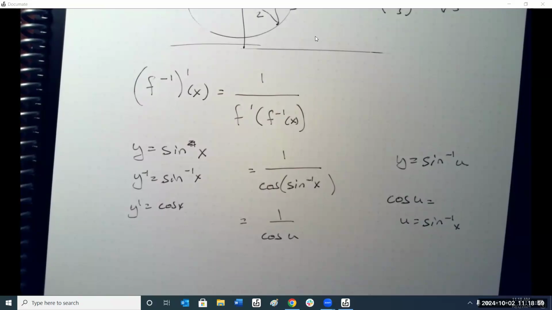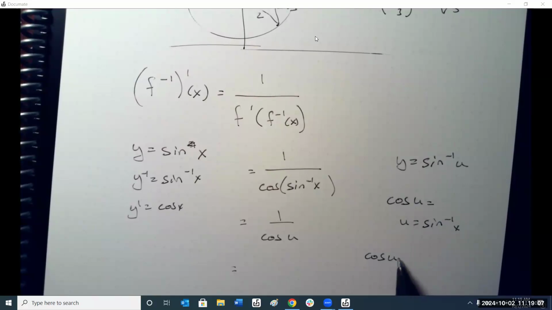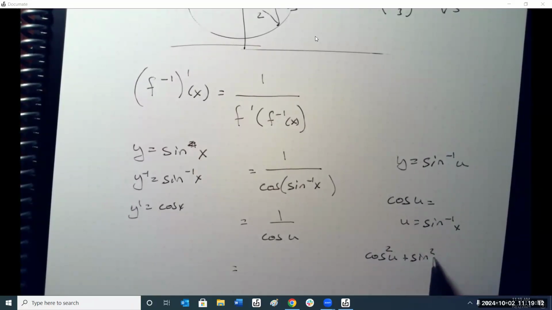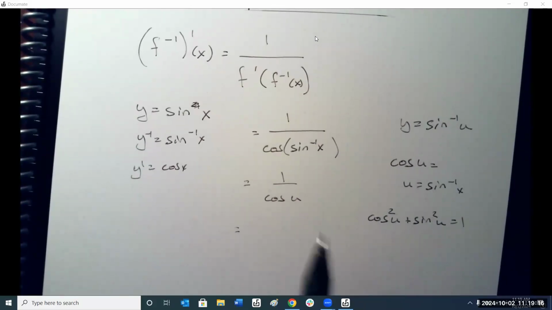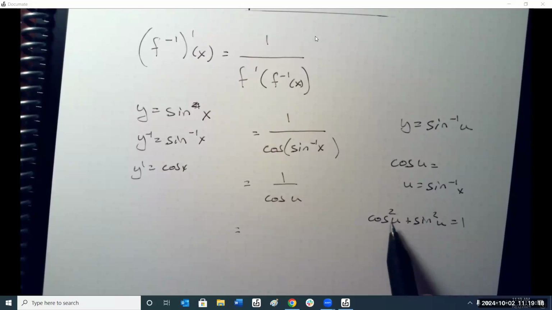Right. So now how do we expand cosine u? Remember, cosine squared plus sine squared equals 1. That's the identity. So let's solve for cosine.